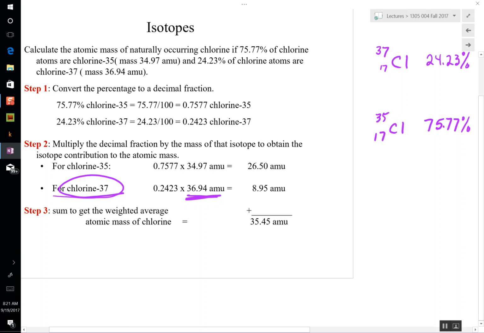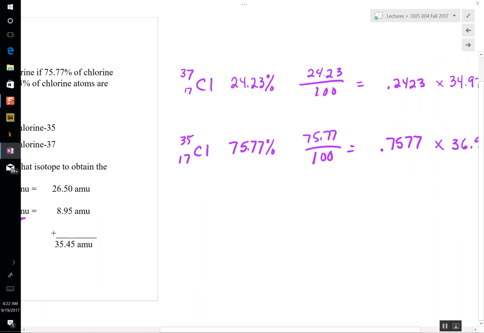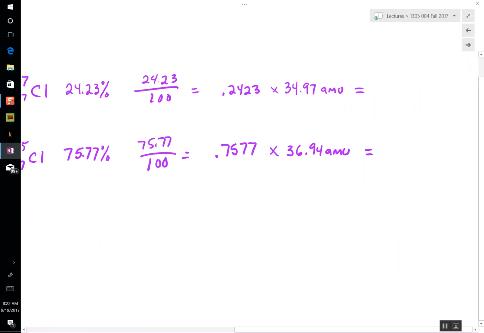Let's do the calculation. That's good that you're that far ahead. I would round it off to 4 significant figures. Every one of those numbers has 4 significant figures in it.